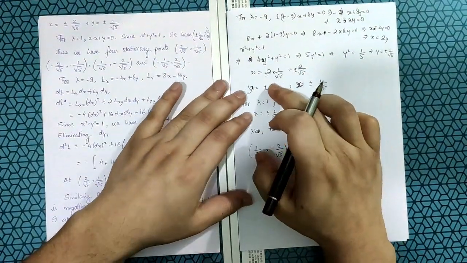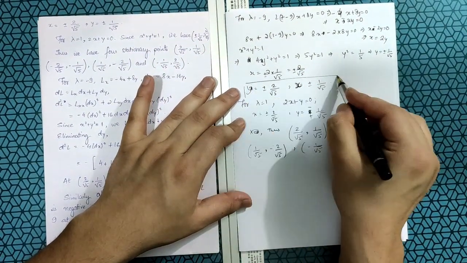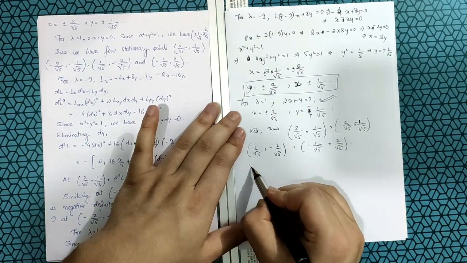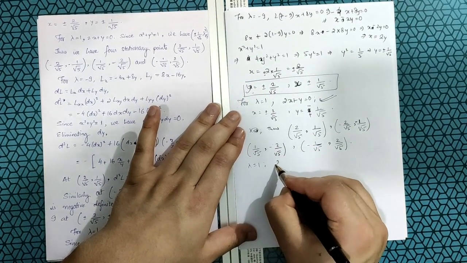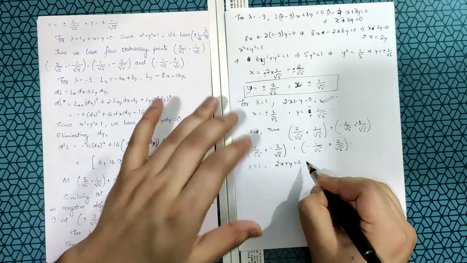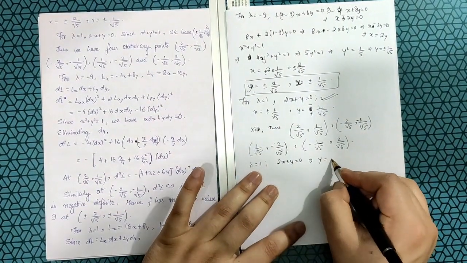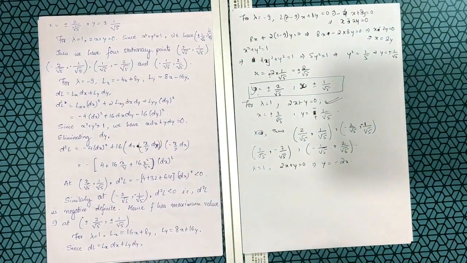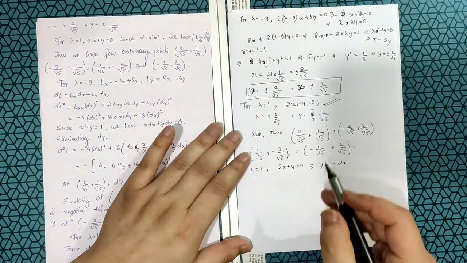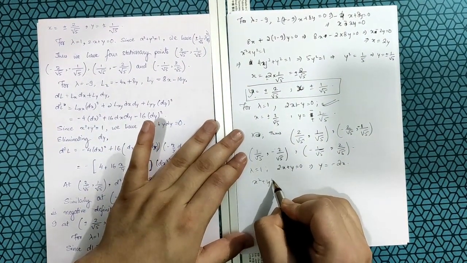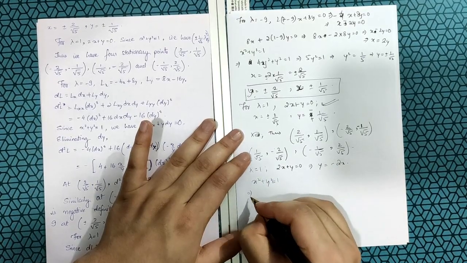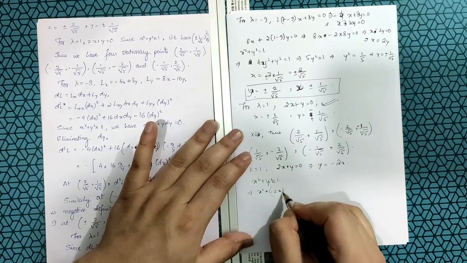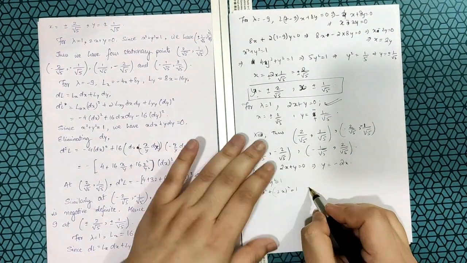So let us understand how this is coming. For lambda is equals to 1, what we have is 2x plus y is equals to 0. This implies y is equals to minus 2x, right? So we can substitute this in x square plus y square is equals to 1, and what we get is x square plus minus 2x whole square is equals to 1.